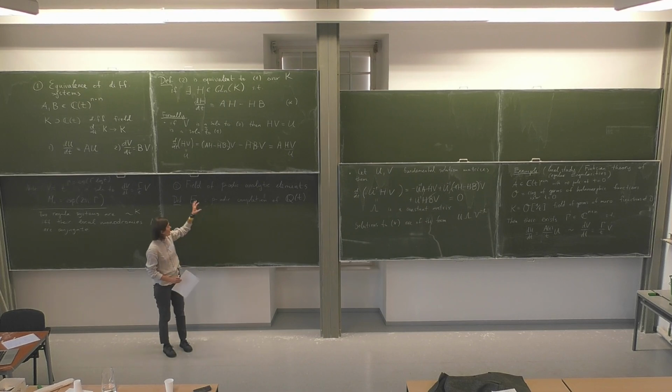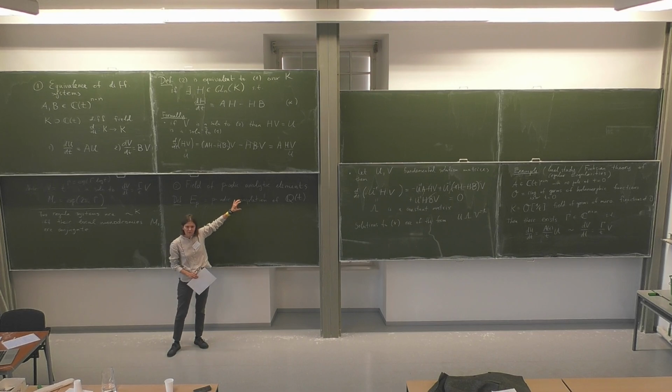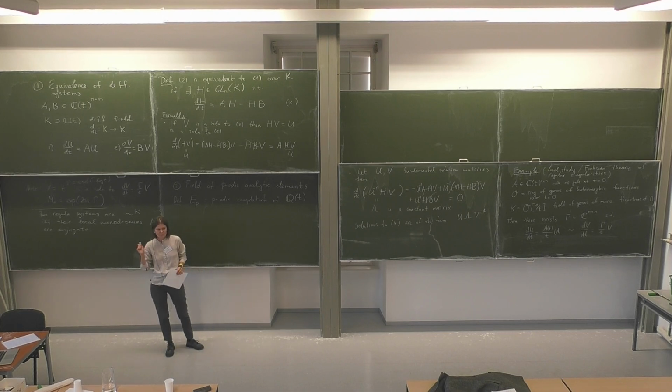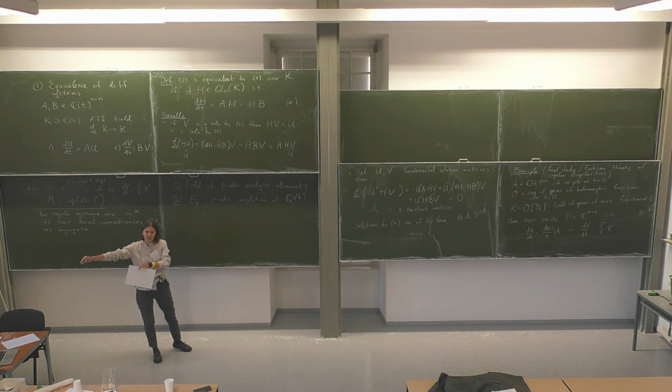So the elements of this field will be uniform limits of rational functions, such that when you pick some power of p and go sufficiently far in this sequence of rational functions, every two will differ by zero modulo this power of p.